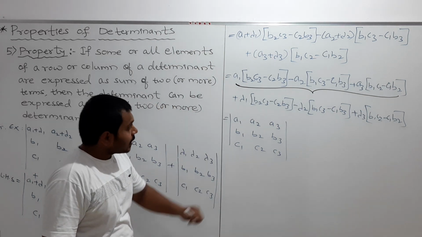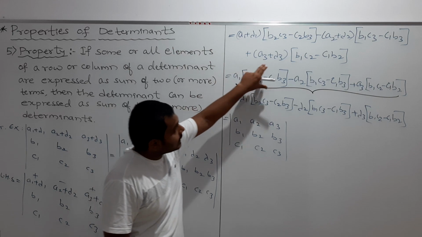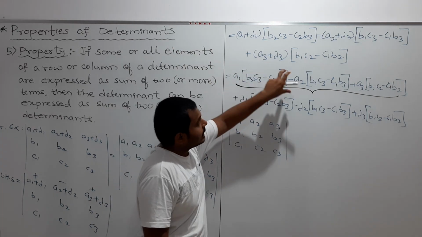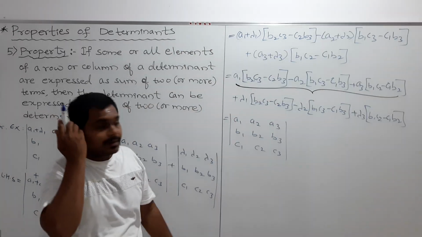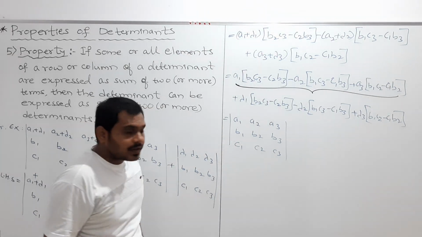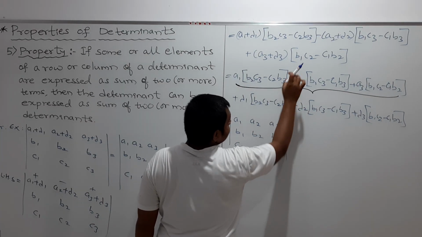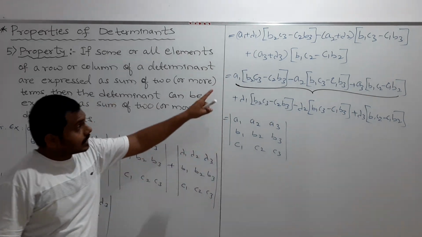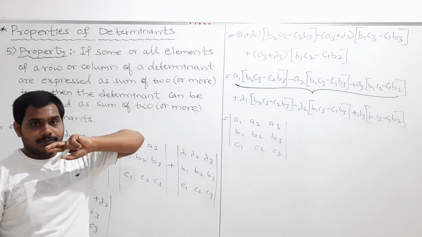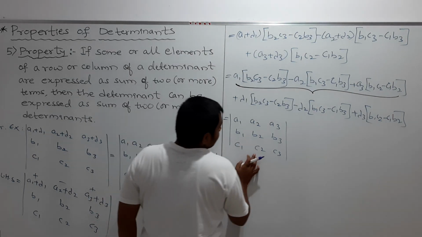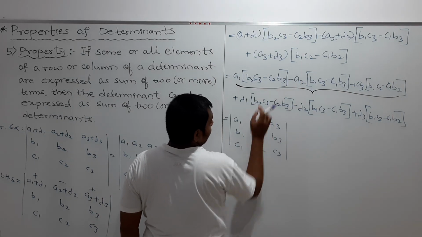If you expand this, again you will get this term. So this entire term I can write in the form of a determinant like this. You can also verify it, whether we get this after solving this determinant or not; we will check.